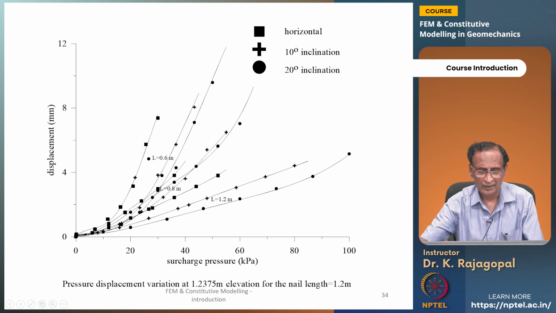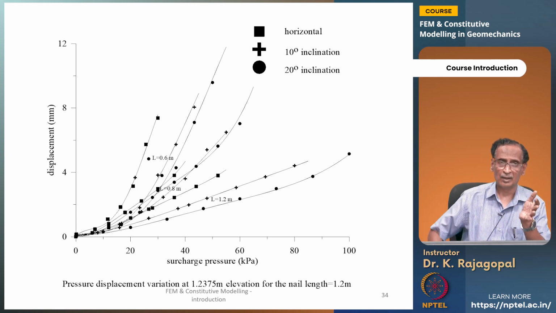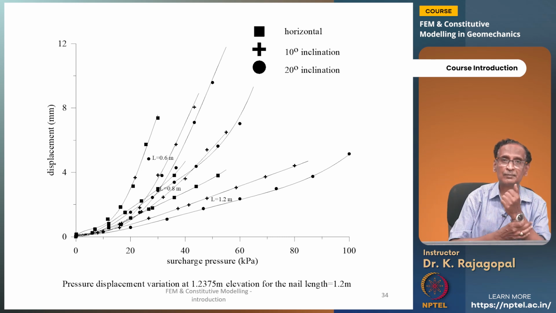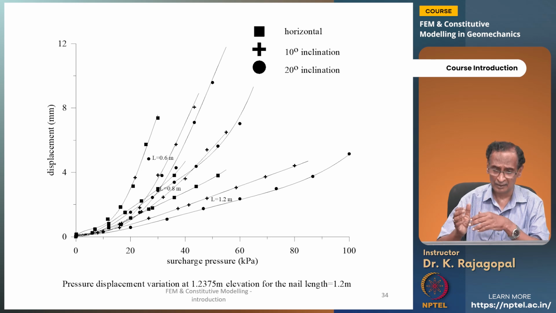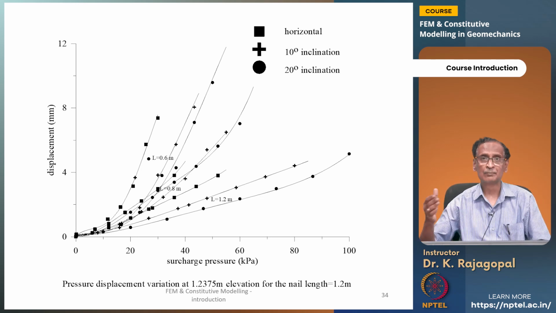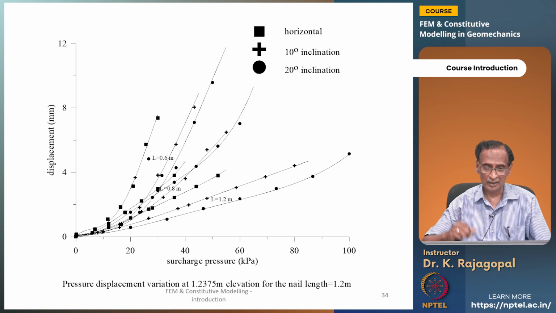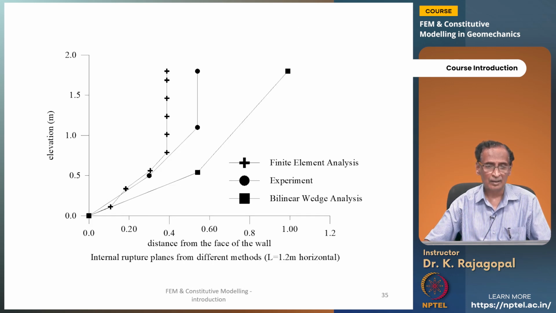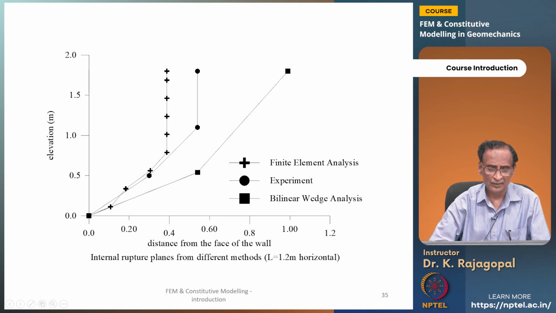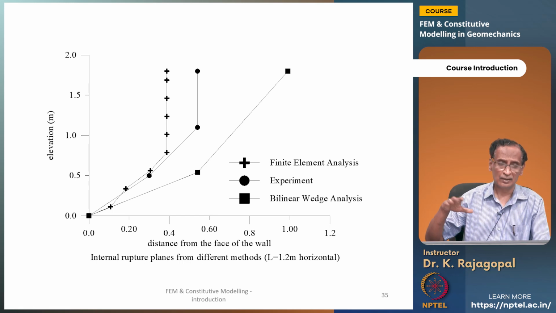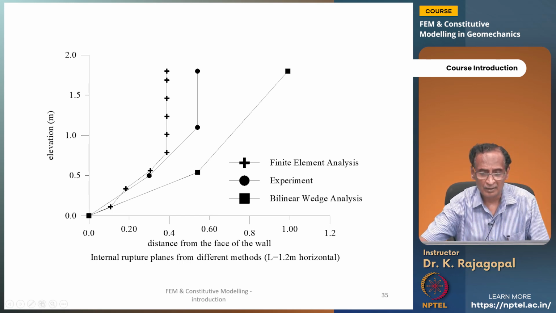and the actual design of these soil nail walls is done by empirical methods by using some approximate rupture surface. And when we compare the finite element analysis with the approximate methods, there is a lot of difference that brings out the advantage of using numerical methods. And these are the locations of the peak strains within the soil nails. This particular one is from bilinear wedge analysis.